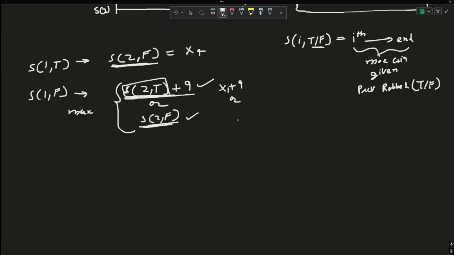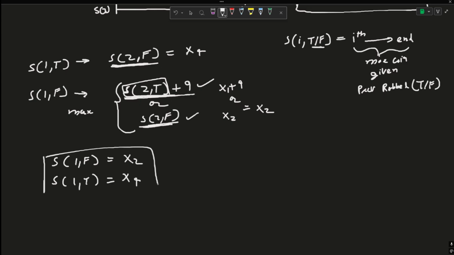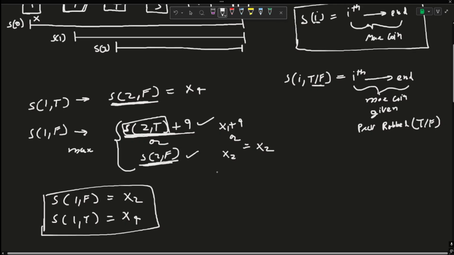S2 of f we can also calculate, which will give us x2 plus 2, only 2, there is no plus, and the max would be, let's say, x2. So the answer for s1 of f is x2, and s1 of t is x4. So we are getting an answer for our state. So I think this is a complete state. We are not in a limbo.